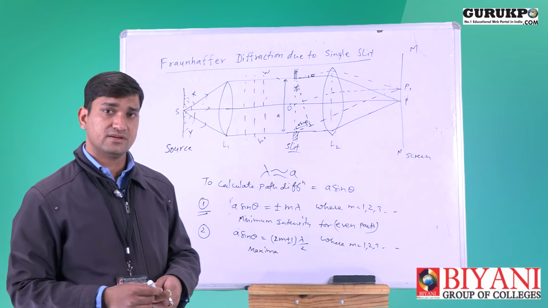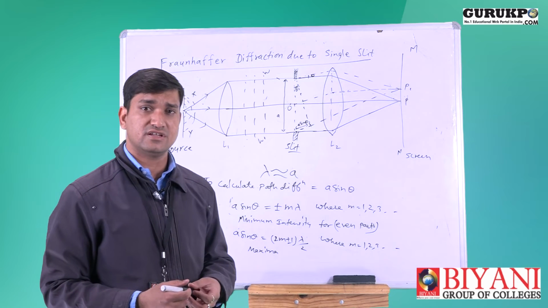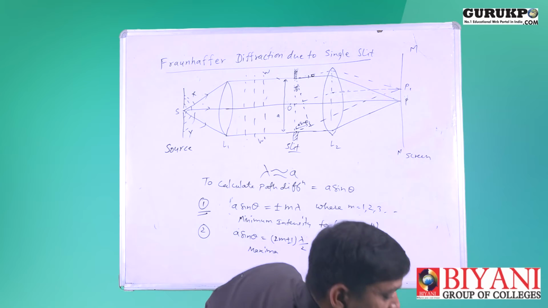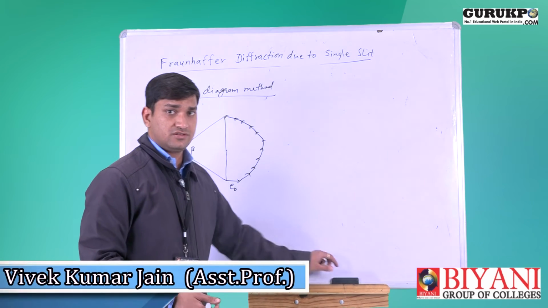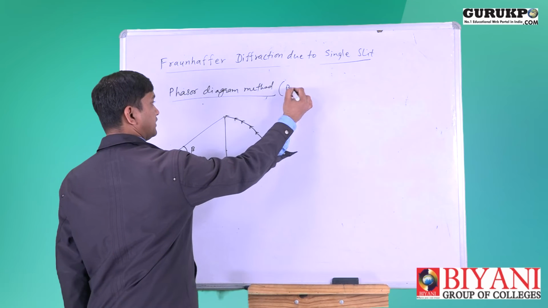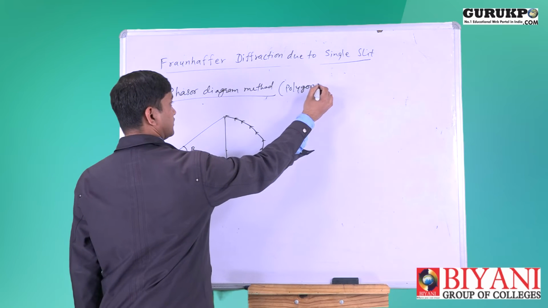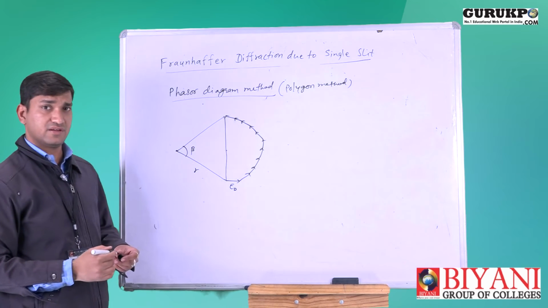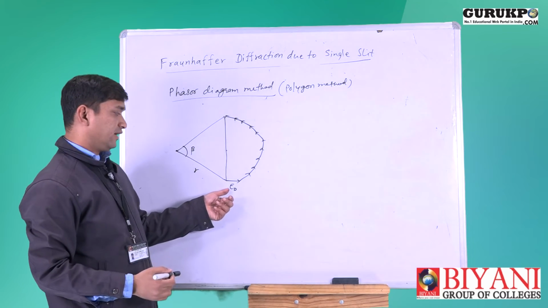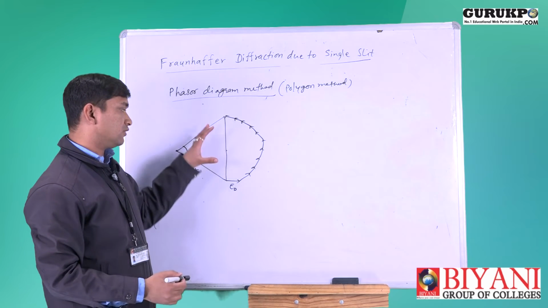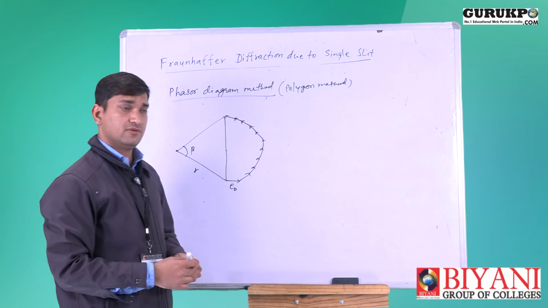Now if we find how much intensity we get at the diffraction point, this will be the quantitative description. This is the phasor diagram, also known as the polygon method. Here we divide the single slit into n parts. The amplitude from each part will be E0.